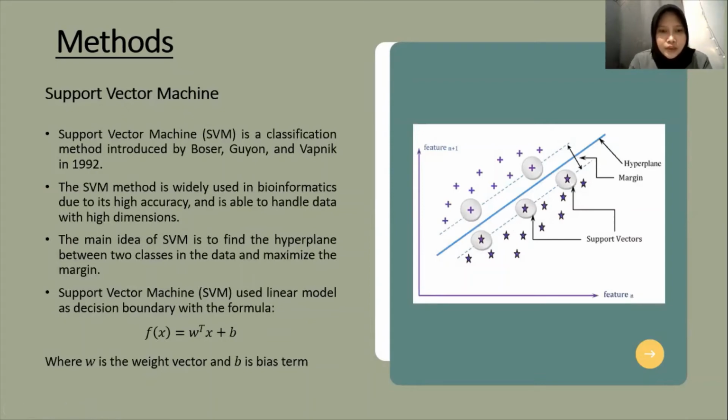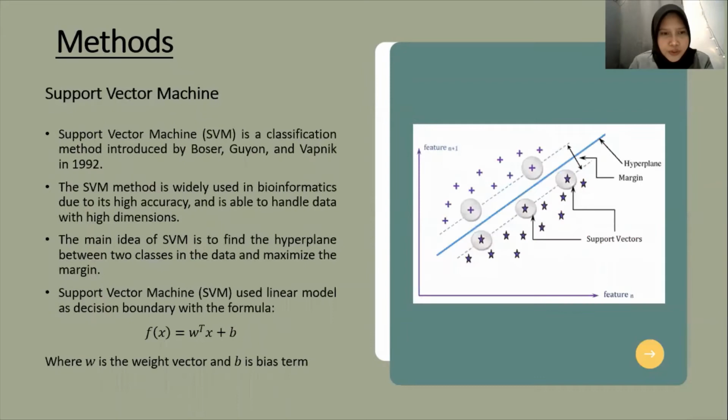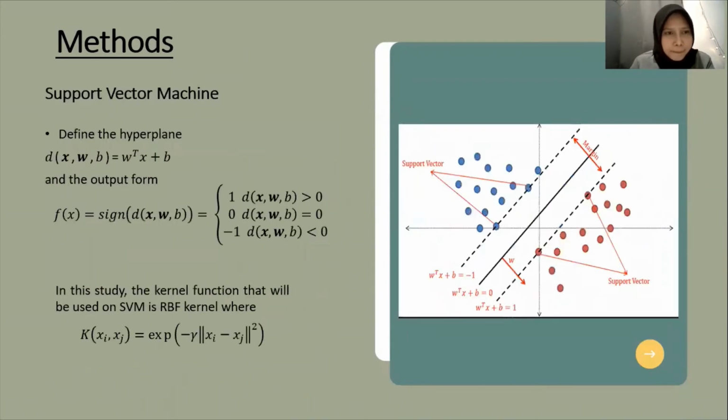Support vector machine uses a linear model as the decision boundary with the formula here, where W is the weight factor and B is the bias term. Define the hyperplane before. It becomes this equation, and the output is like this.